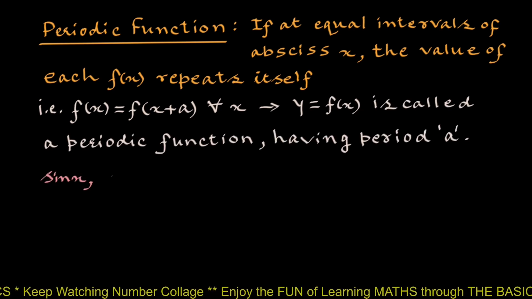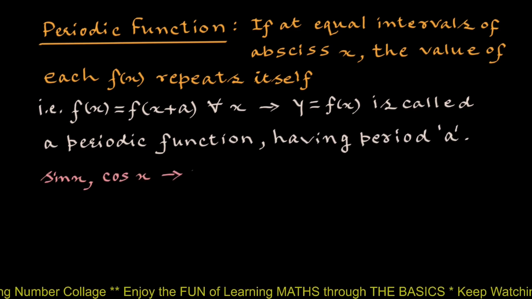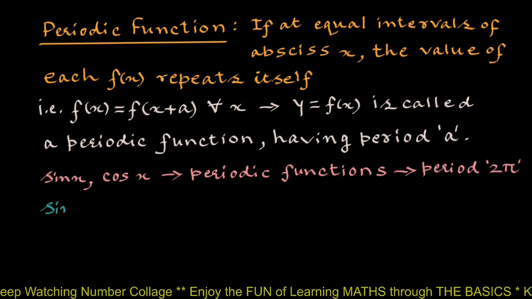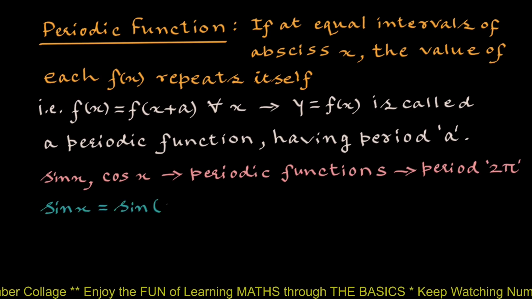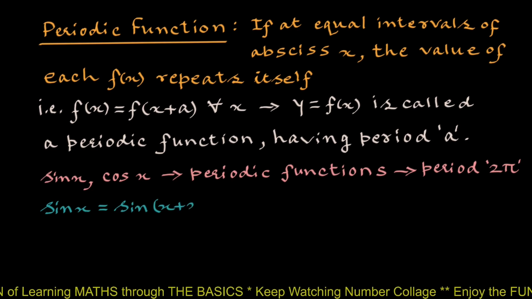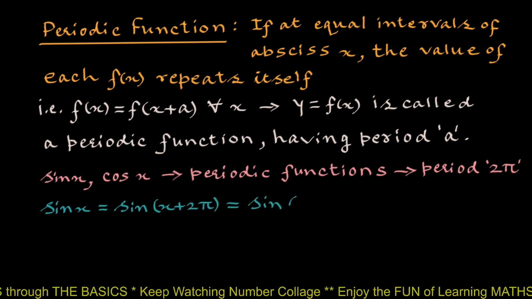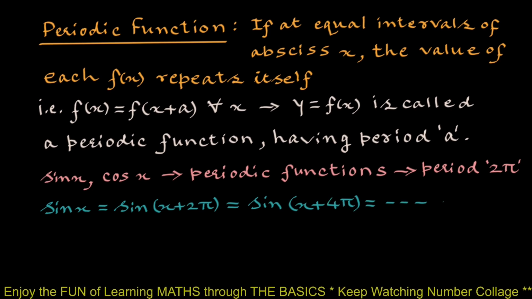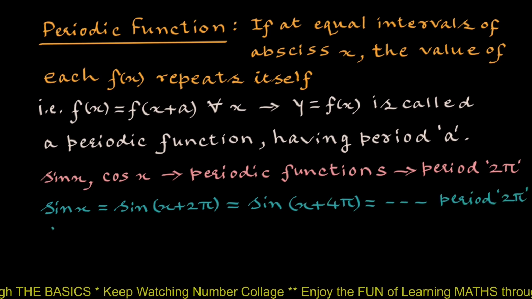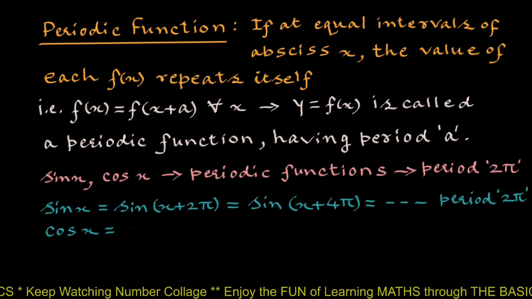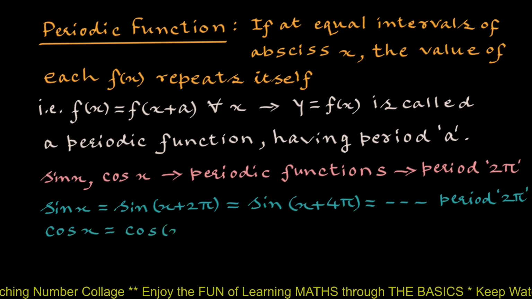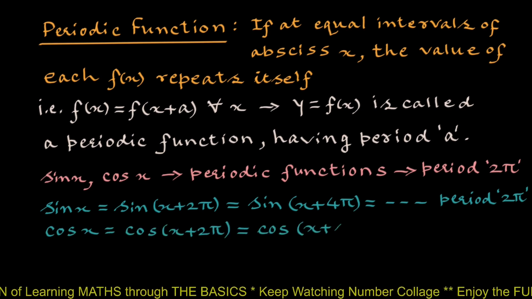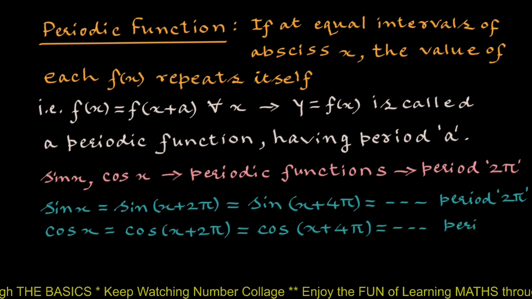Sin x, cos x are periodic functions having a period 2π, because sin x equals sin(x plus 2π) same as sin(x plus 4π), and so on and so forth. Same is the case with cos x. Cos x is equal to cos(x plus 2π) equals cos(x plus 4π), and so on and so forth, having period 2π.